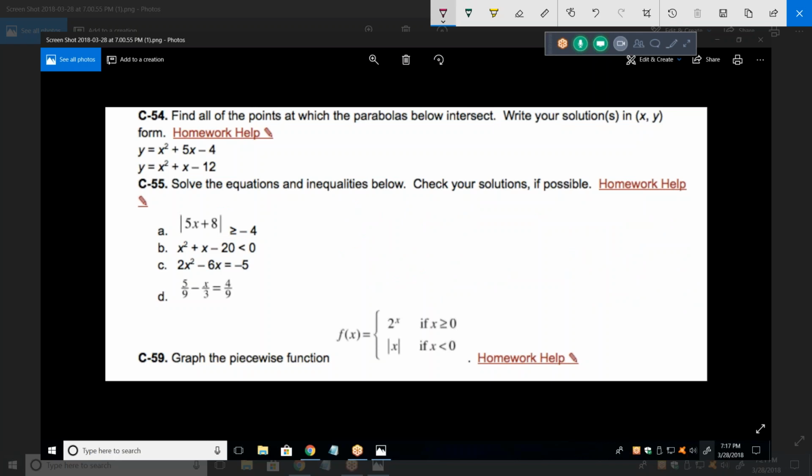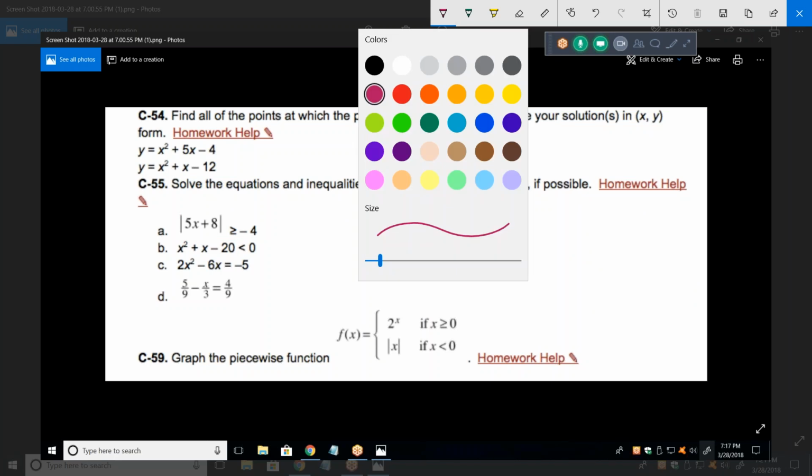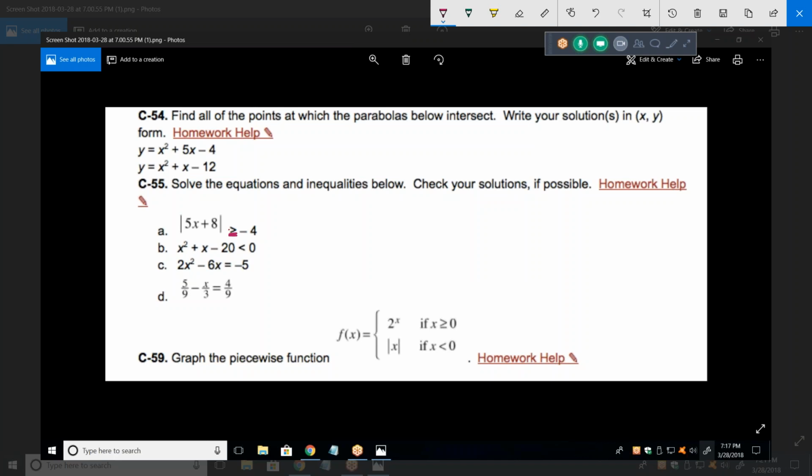However, it's important to understand that if I change that to an equal sign, now the way you would typically solve it would be 5x plus 8 equals -4, or 5x plus 8 equals +4. And I would solve both of them.